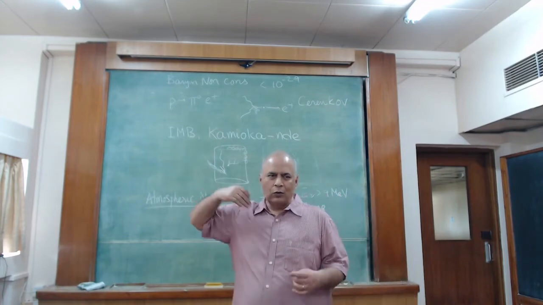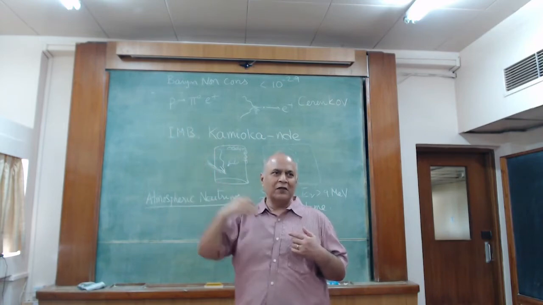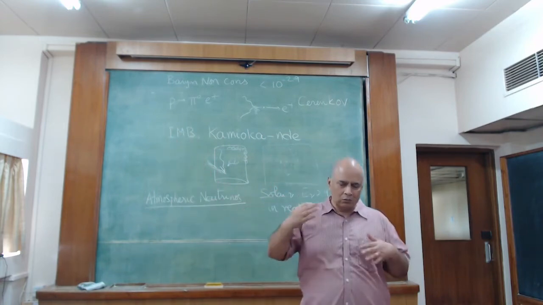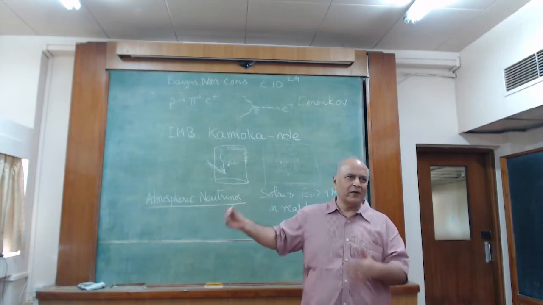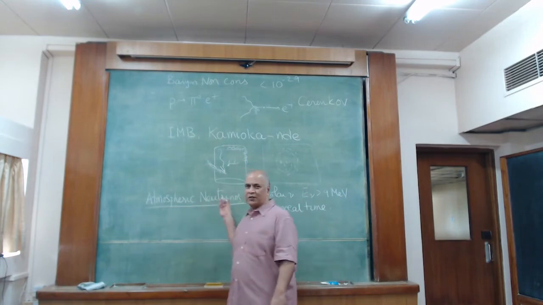So you can't quite do the extrapolation from 10 GeV to 1 GeV. So again, a systematic experimental program was set up to improve the neutrino cross section measurements.